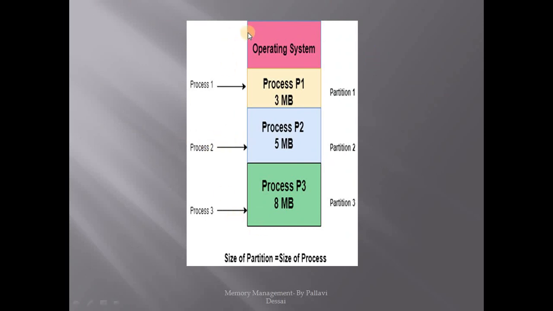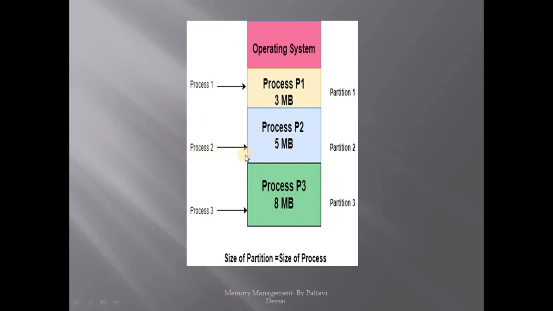So here you can see this is our main memory. The first part is given to the operating system. Process P1 arrives, so it requires 3 MB. 3 MB of memory is allocated, so this becomes the first partition. The remaining processes arrive.